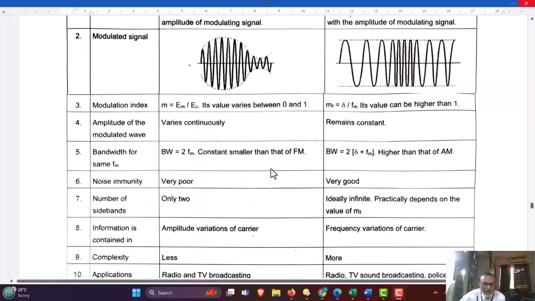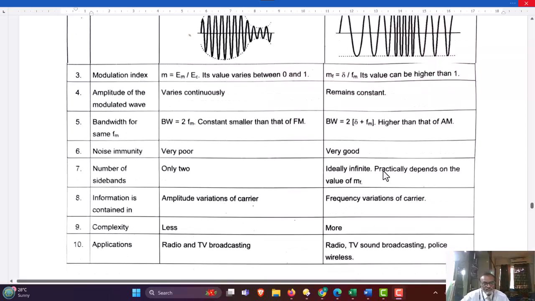Bandwidth of an amplitude modulated signal is twice fm, whereas bandwidth of the frequency modulated signal is twice (delta plus fm), where delta is the frequency deviation. Noise immunity in AM is poor, whereas noise immunity in FM is very good. The number of sidebands present in AM is only two, meaning one pair of sidebands is generated, so the spectrum contains only one pair of sidebands.